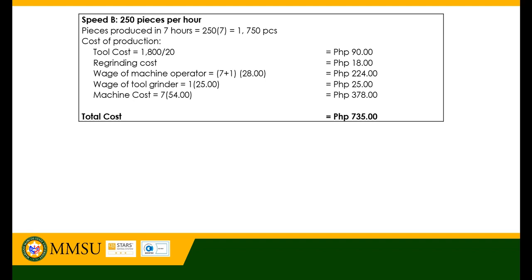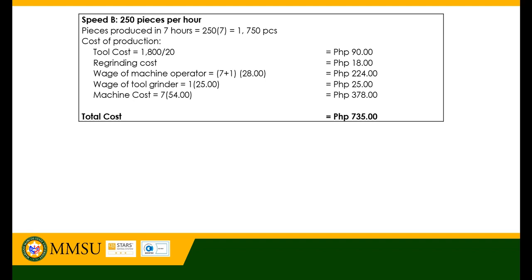Regrinding cost is 18 pesos. Wage of the machine operator, so 7 plus 1. I'll explain later what the plus 1 is, because there is an additional hour. That's 28 pesos per hour, so that's 224 pesos. Wage of the tool grinder, same as before: 1 times 25 pesos, so 25 pesos.